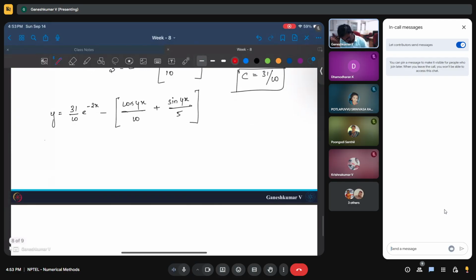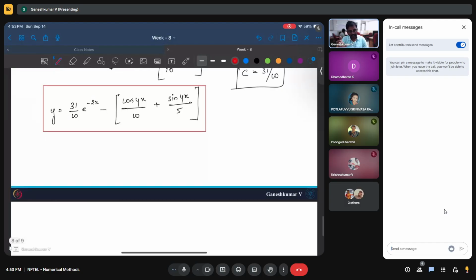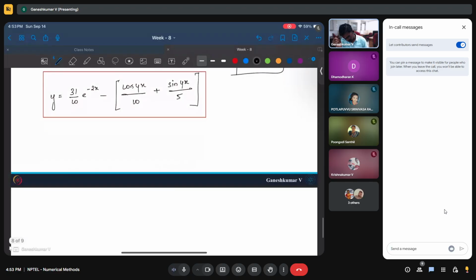So this is your final solution. For this we were able to find the analytical solution. Now what you need is y at 0.4. That's what we are comparing.